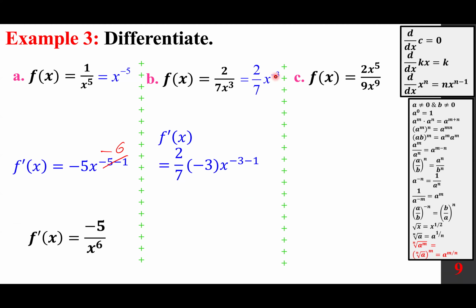So this is minus 4. So we have negative 6 over 7 x to the power of minus 4. This goes down, becomes negative 6 over 7x to the power of 4.